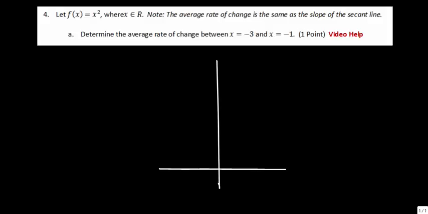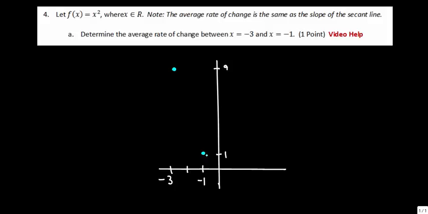Okay. So we're looking between -1 and -3. So here's -1, -2, and -3. Now what are our heights going to be? Well, we know at -3 we're at a height of 9, and at -1 we're at a height of 1. So I've got 2 points on my curve. One is up here, the other one is down here.